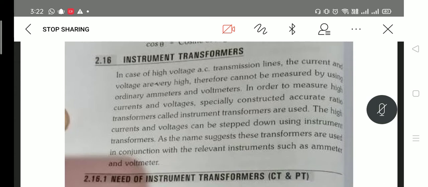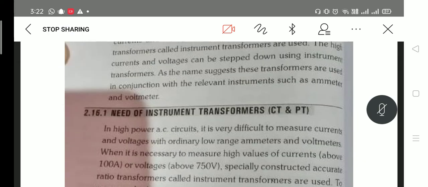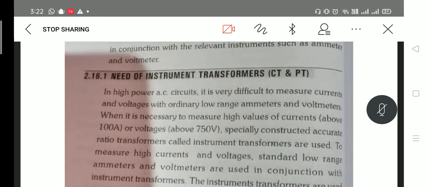We cannot directly measure this high voltage and high current using MC and MI type instruments. Only a small amount of current and voltage can be measured using PMMC instruments and MI instruments, that is attraction and repulsion types. To measure the high voltage and high current, we go for the instrument transformers. We can measure the high power of AC circuits also.